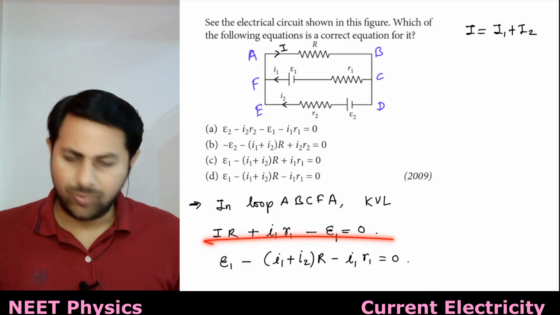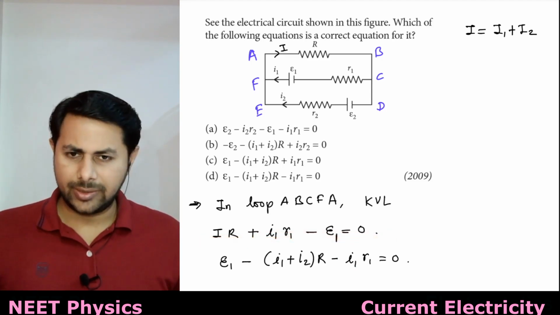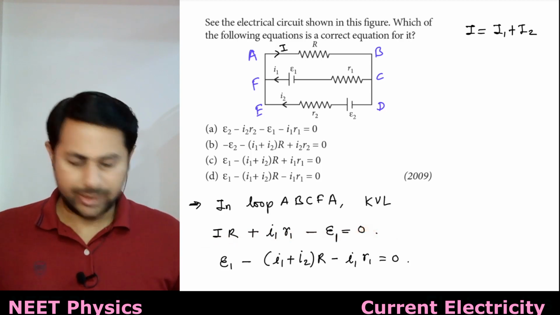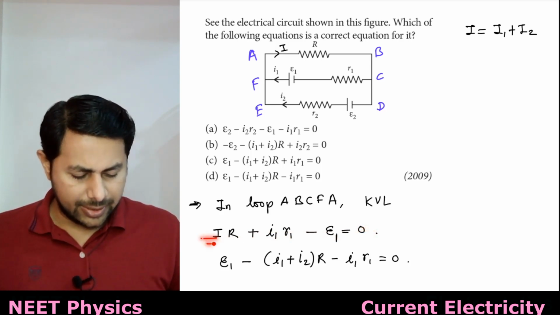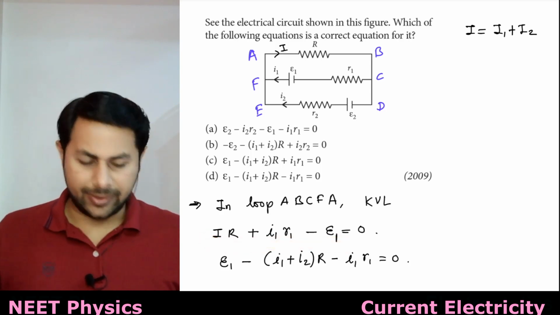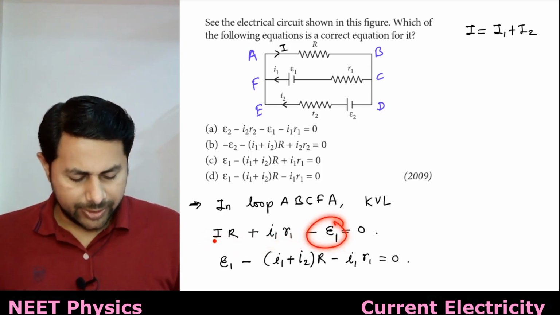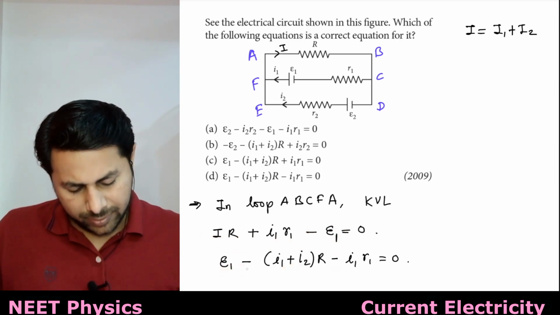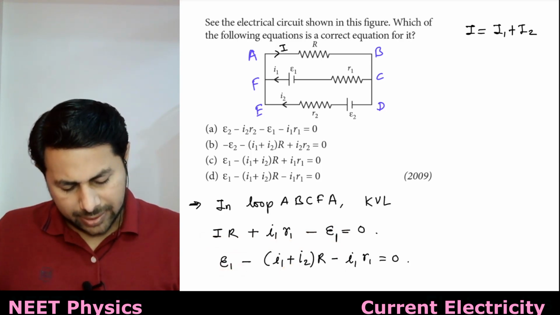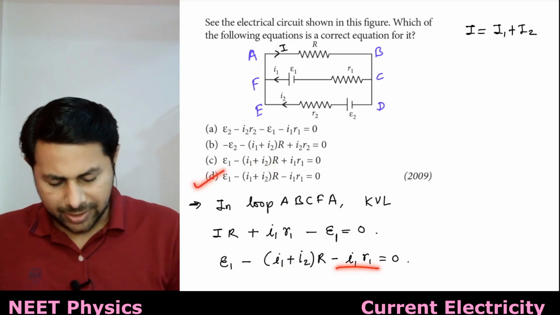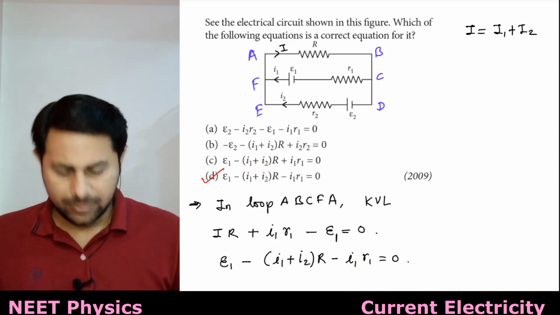The right-hand side doesn't change because it's 0, and the left-hand side is multiplied by a negative sign. So this one becomes positive, the other two become negative. Does it match? E1 minus (I1 plus I2) times R, and minus I1 R1. Yes, it matches. Option D. This is the answer.